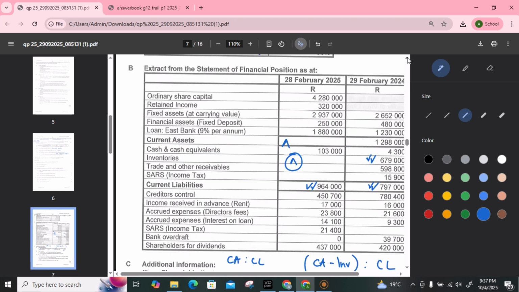On item B, we want to check if we have anything on interest, and there is our interest payable. It is given the name accrued expenses, and then in brackets interest on loan. So accrued expenses represent a liability, and in this case it is our interest on loan. So balance at the beginning is 9,300.